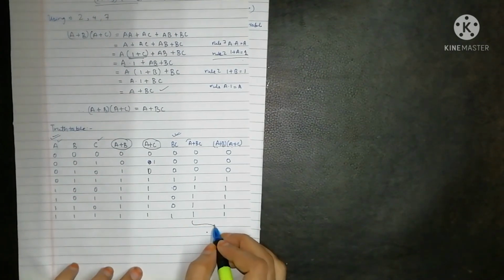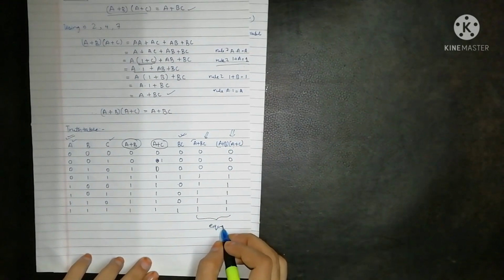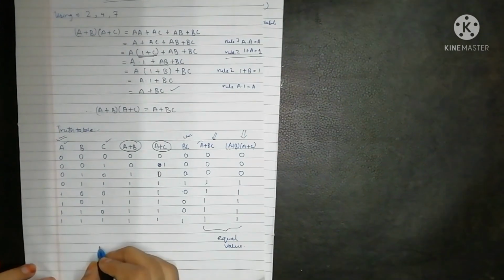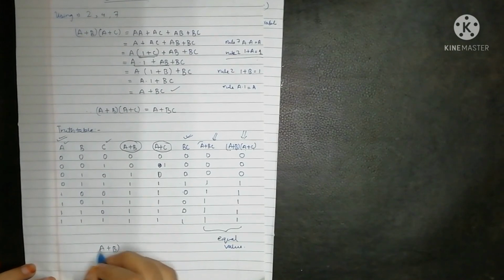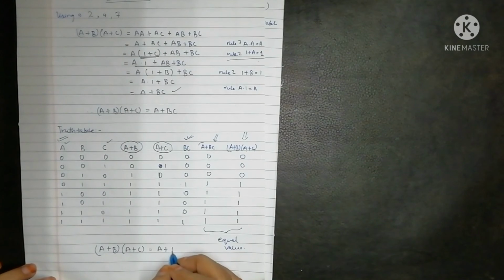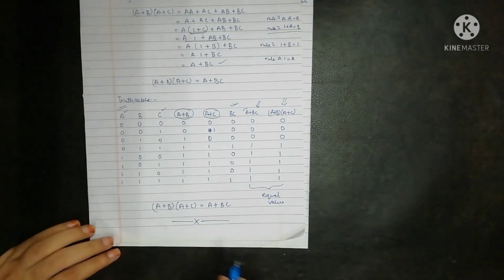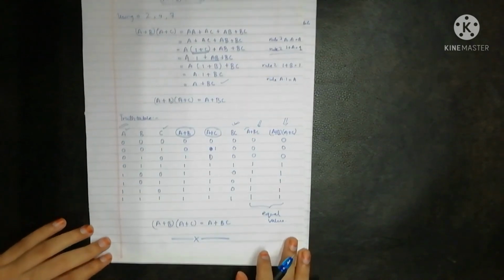So as you can see, again the last two columns are showing the same value, and thus we can say that (A + B) into (A + C) is equal to A + B into C. In this way rule number 12 is proved.